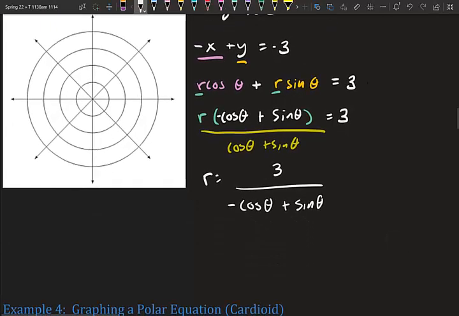On the bottom, we have negative cosine plus sine theta. That should look horrible to us. We should not like the way that looks. So what we're going to do is just switch the signs. You're allowed to just switch the signs. It means the same thing. So we'll have cosine theta minus sine theta.